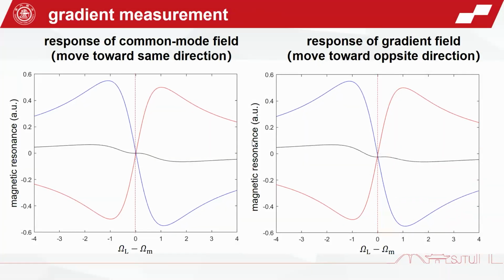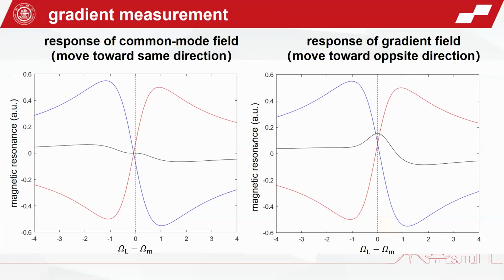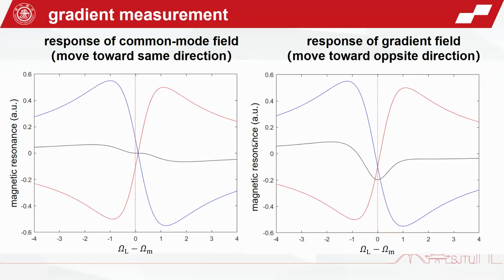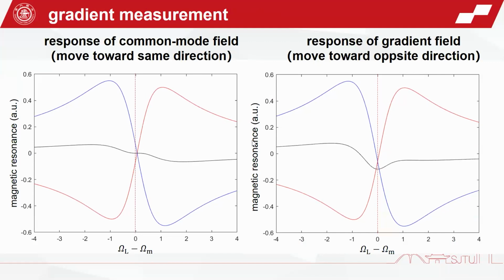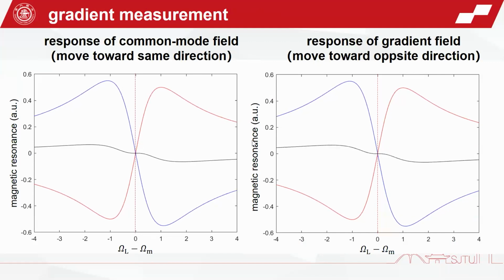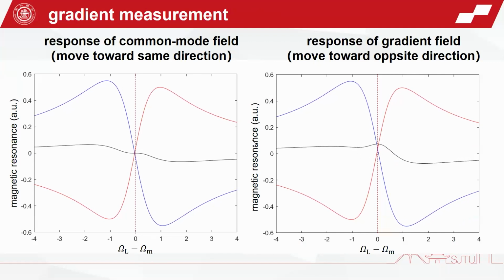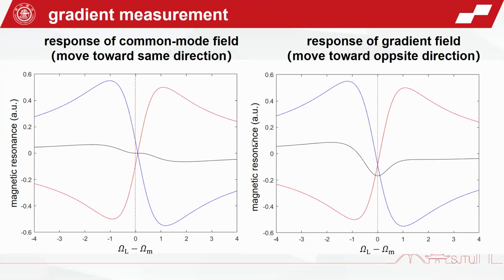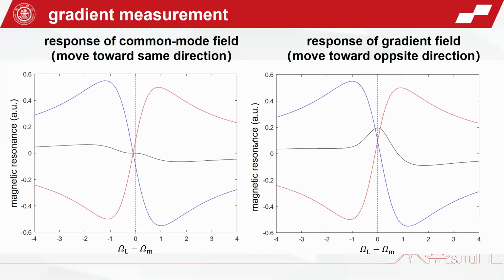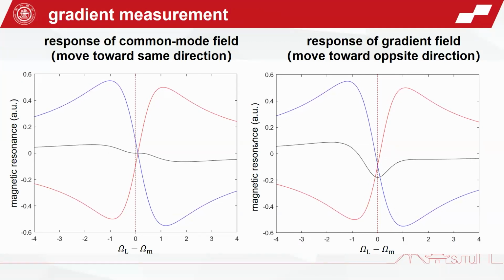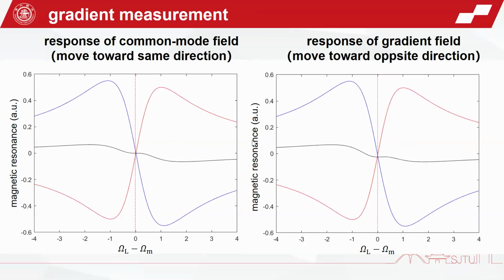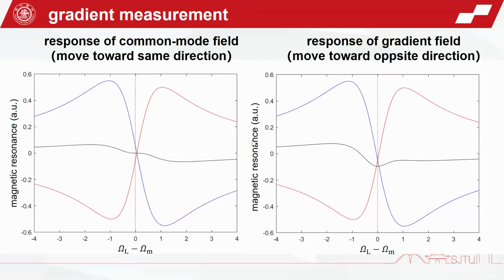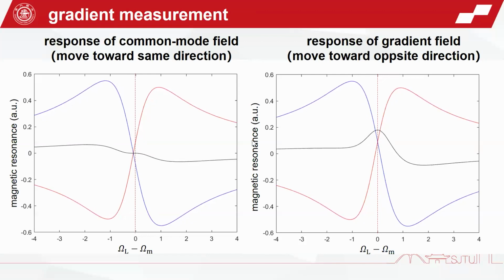So for a gradiometer, ideally we want to have exactly the same response to the common mode magnetic field. But our probe is from atoms, so they have different frequencies, so they cannot be exactly the same. So what we do is we manipulate the amplitude and the width of these two resonances to make sure they have the same response at the center.